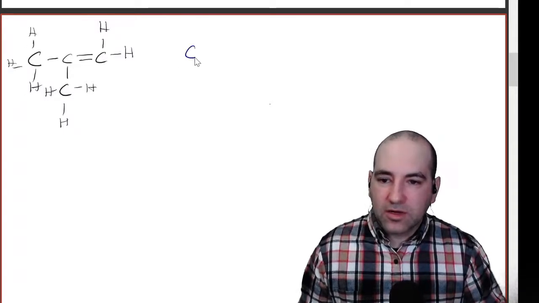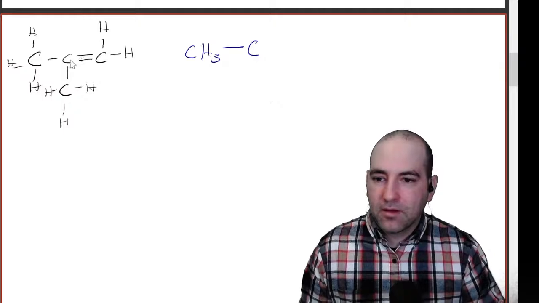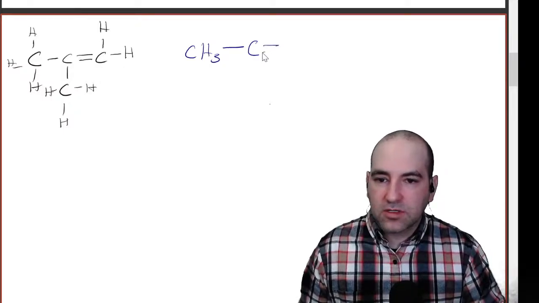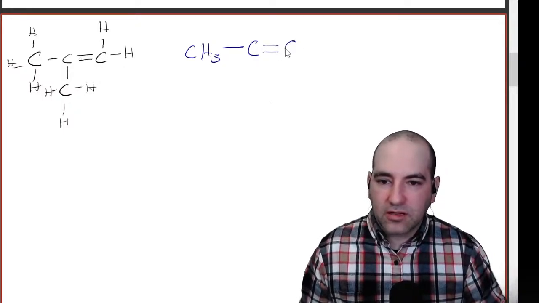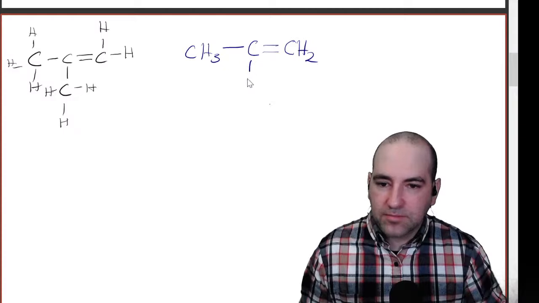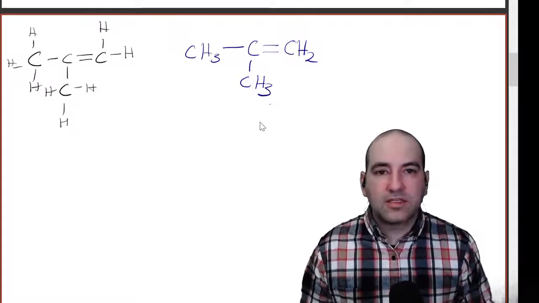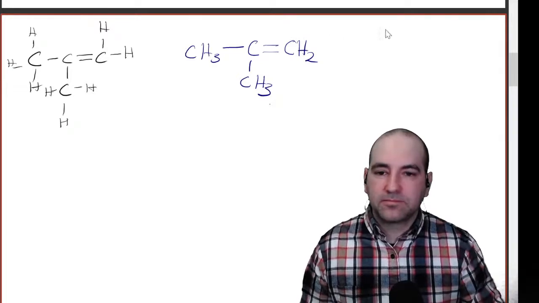So we can just make that one a CH3. And then we can move over to the next one. This is connected to a carbon that has no hydrogens on it. So that just stays C. Then we're going to double bond over to this carbon that has 2 hydrogens on it. So that's CH2. And then this one's going to come down here to another CH3. All right. So that's a nice condensed structure.